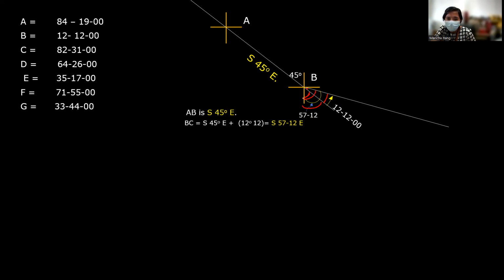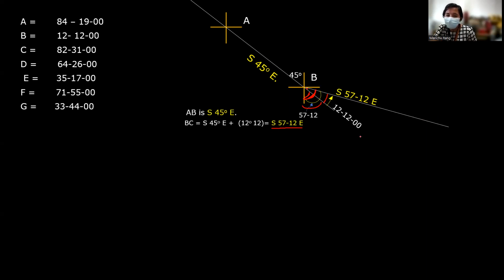So our bearing ng B to C, this is our angle now. So this is equivalent to south 57 degrees 12 minutes. So how did you get that? We just add 45 plus 12 degrees and 12 minutes. Okay, so we now know that the bearing of B to C is equal to 57 degrees and 12 minutes.